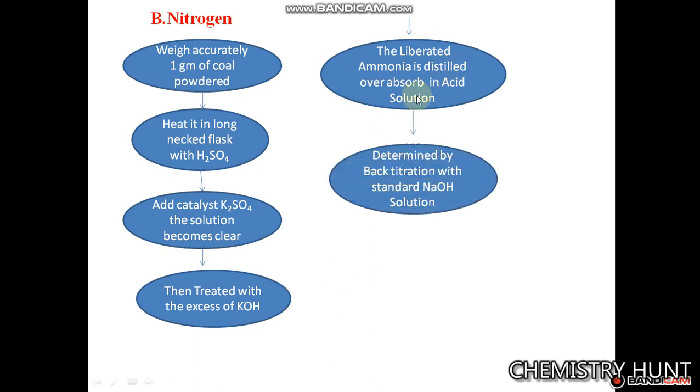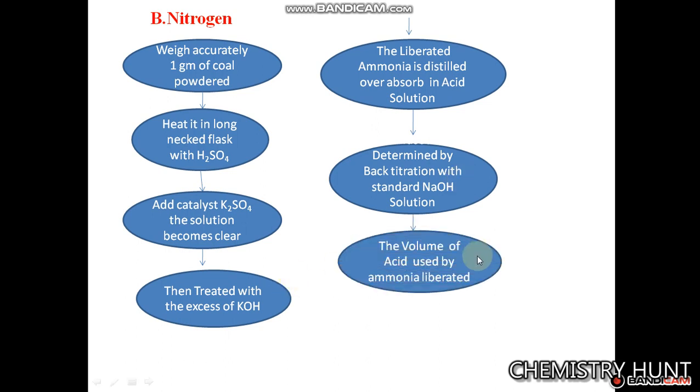When it is absorbed in an acid solution, we then titrate it with the sodium hydroxide solution. That is called the back titration. By this titration, we are able to know the volume of the acid which is being used by the liberated ammonia.